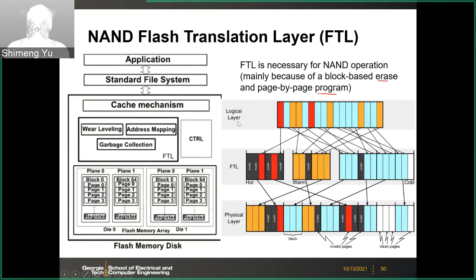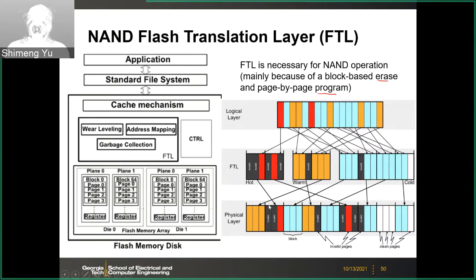So the basic idea is that if you think about your logic space, your software program will have the address for your data in the logical space. For example, here you may have your pictures, videos occupy some consecutive space in the logic address.